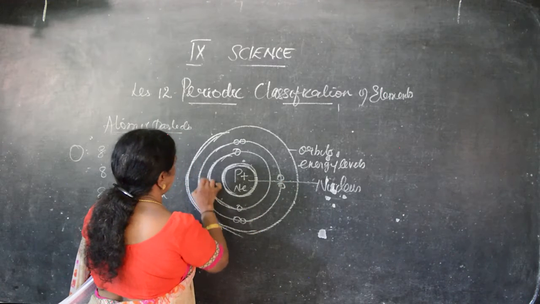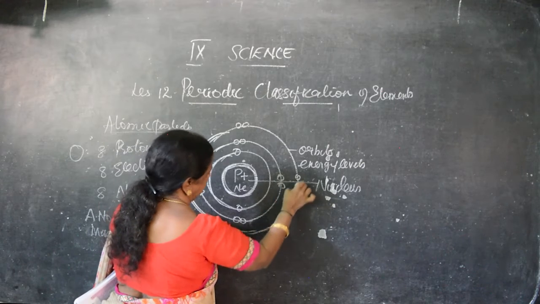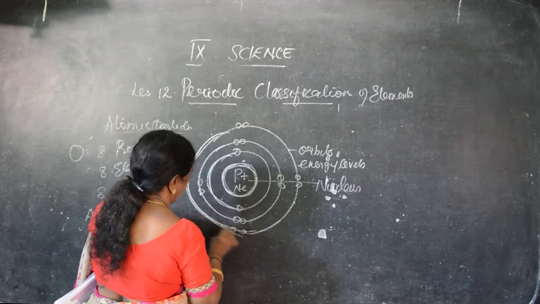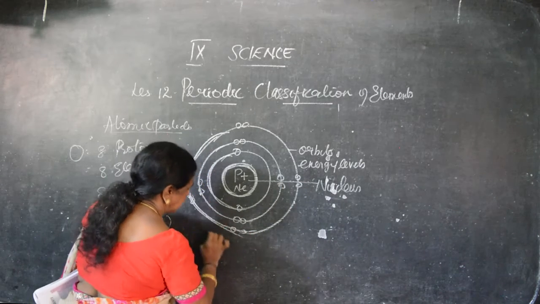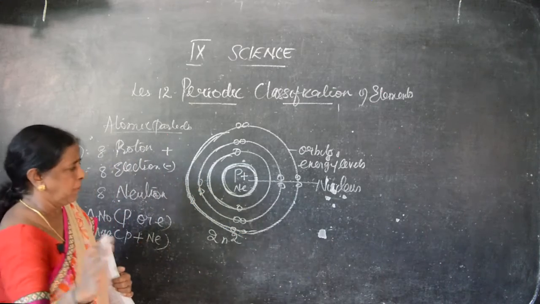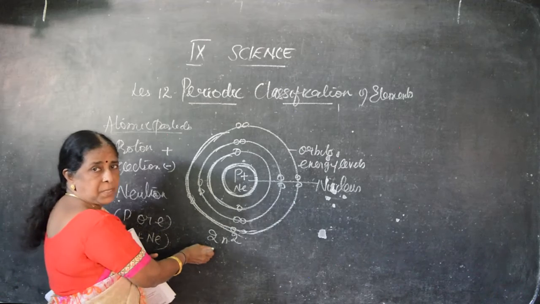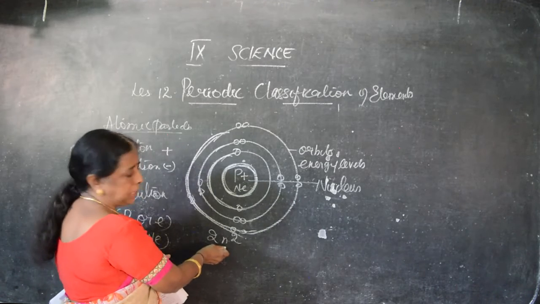Electrons are arranged according to the formula 2n squared. The arrangement of electrons follows a particular formula, 2n squared. 2 is the constant number, n is the number of the orbit, squared.